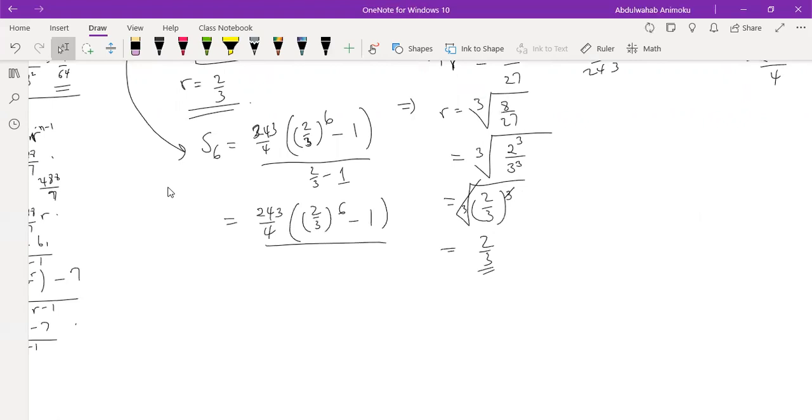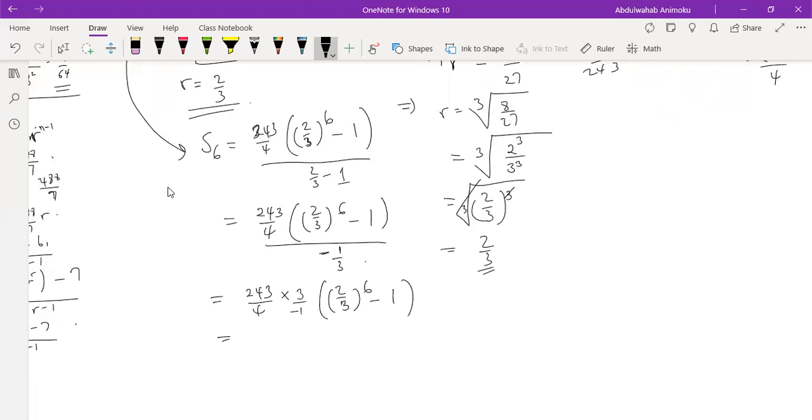2 over 3 minus 1 is minus 1 over 3. Okay. So you basically divide by 1 minus 1 over 3. That will give us times 3 over minus 1. Then 2 over 3 raised to the power 6 minus 1. Okay.